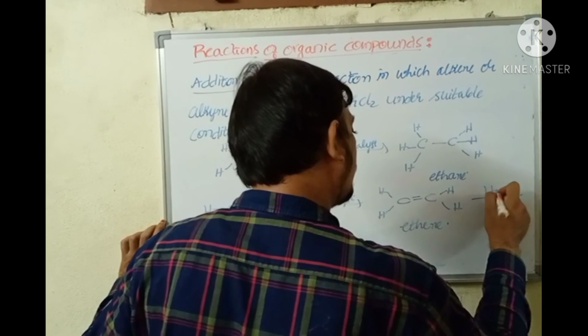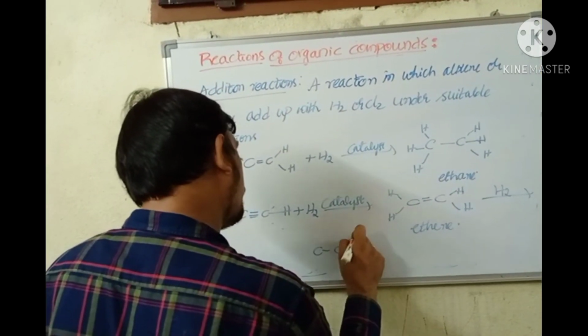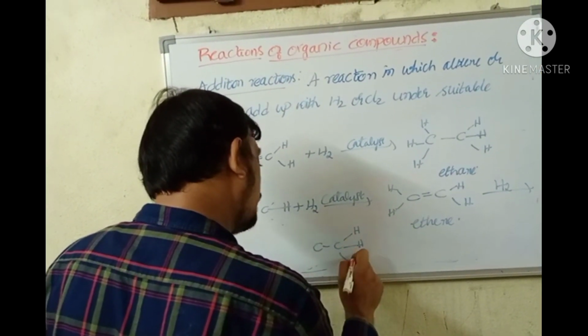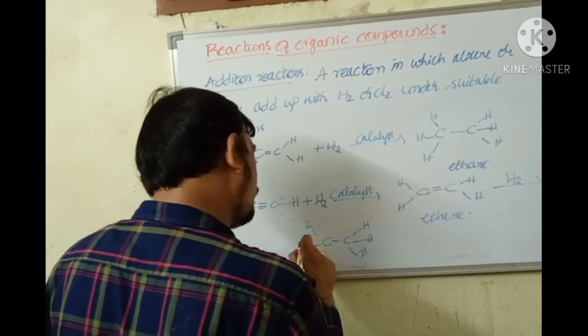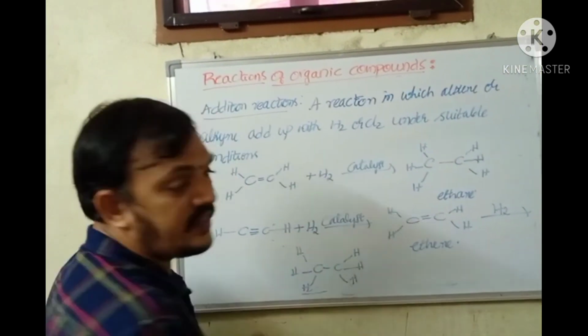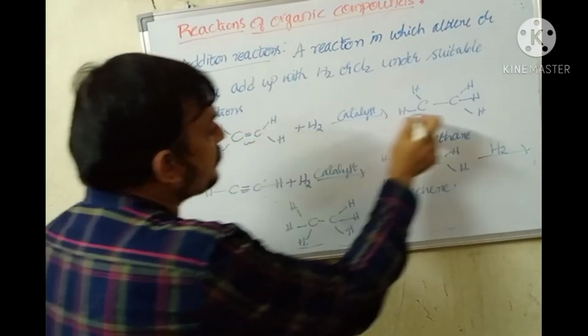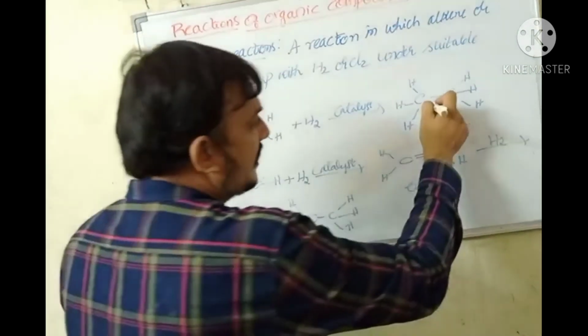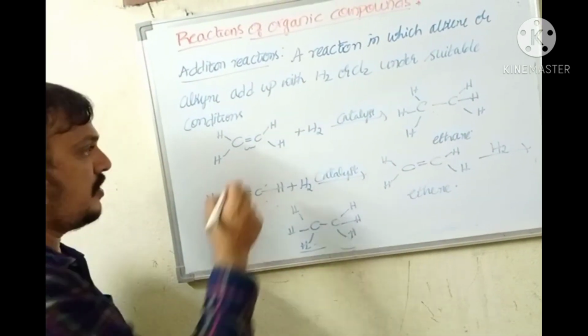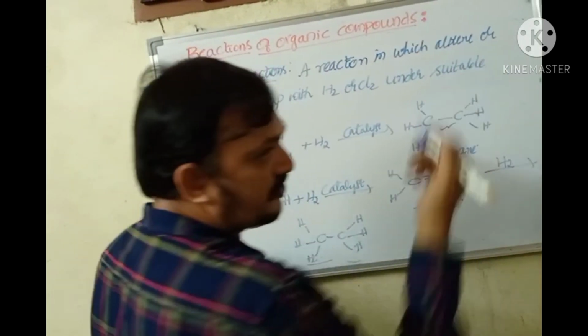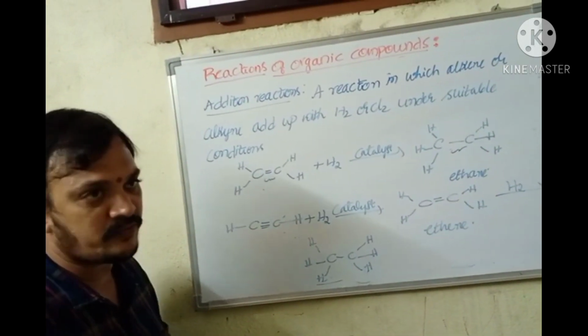On further hydrogenation, it produces C2H6, which is ethane. That means here you can observe that unsaturation is lost, saturation is obtained due to this addition reaction.